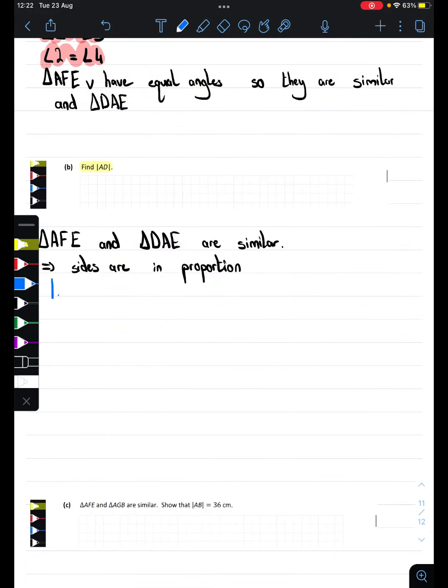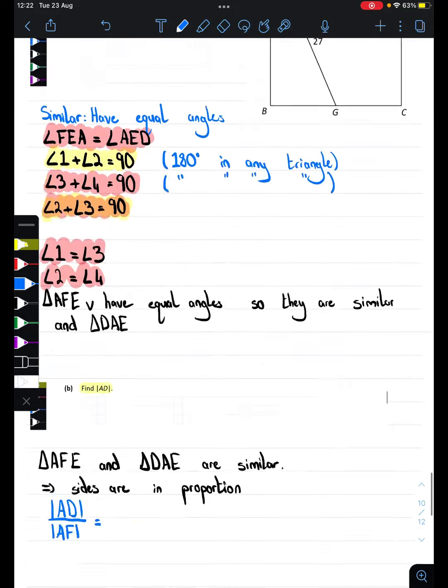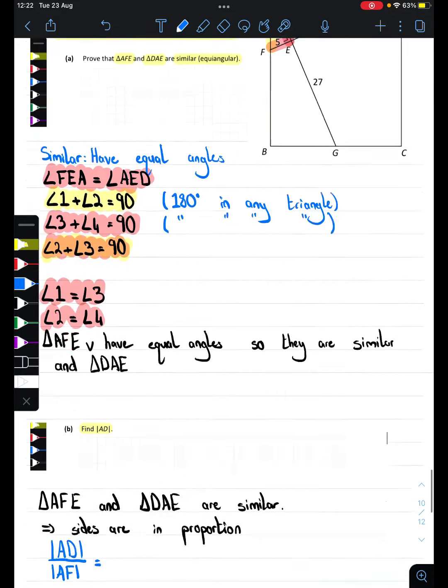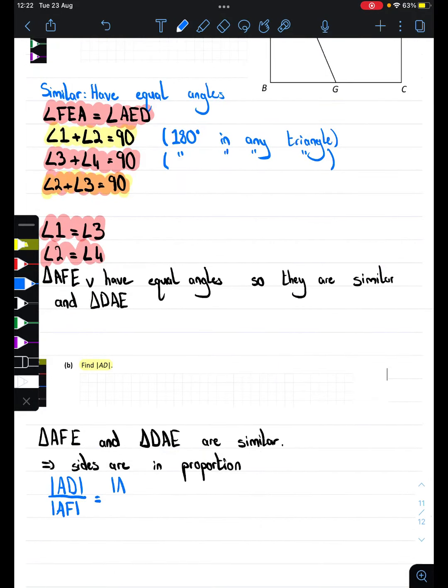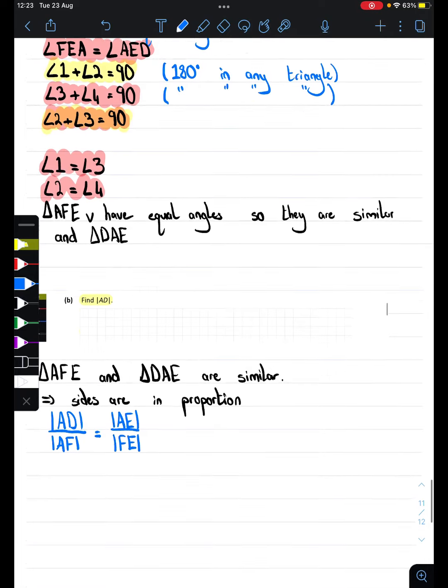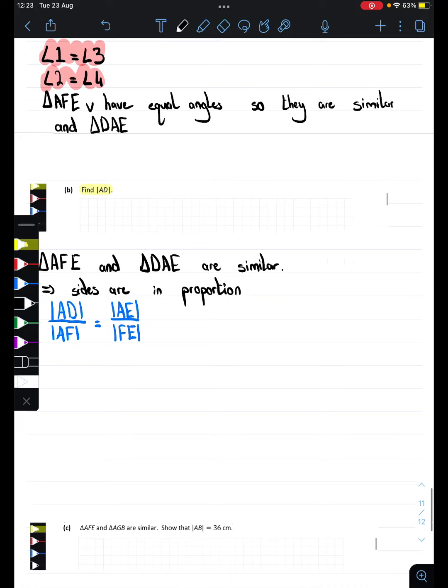The length of AD over the length of AF, sides opposite the right angle, is equal to AE over FE, the sides opposite the shortest angle.